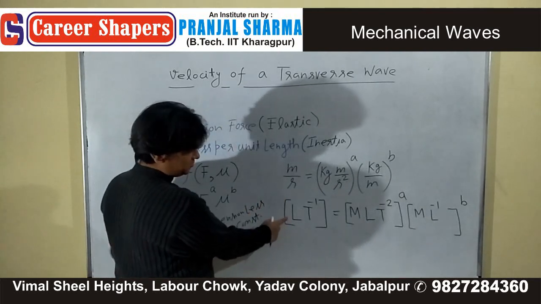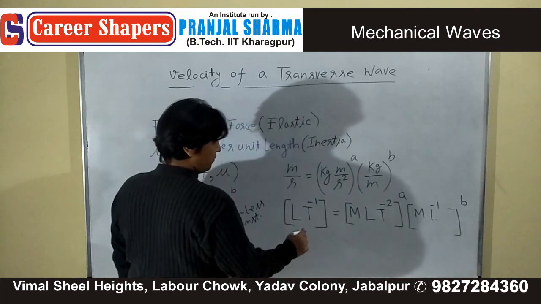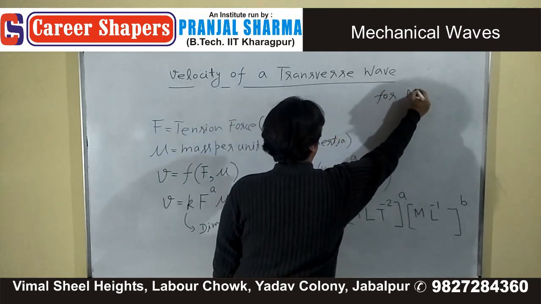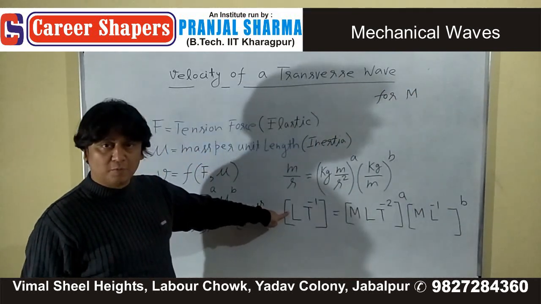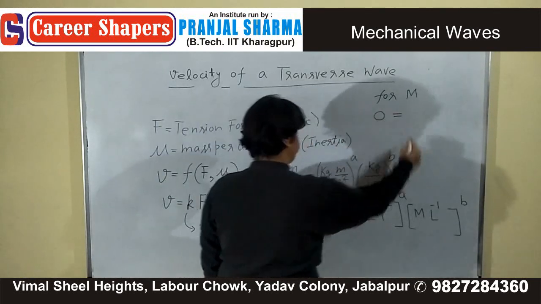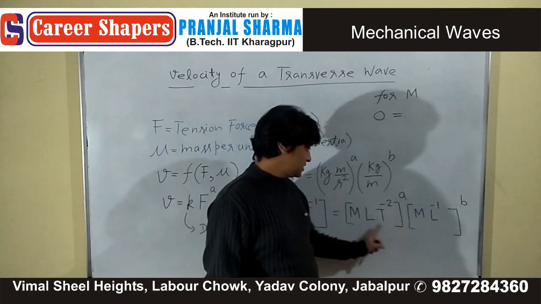There is no mass present on the right hand side, and therefore for M, mass, the power is 0. On the other side, what is the mass?